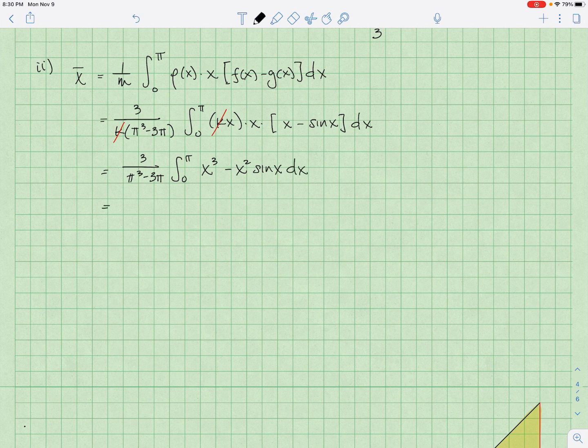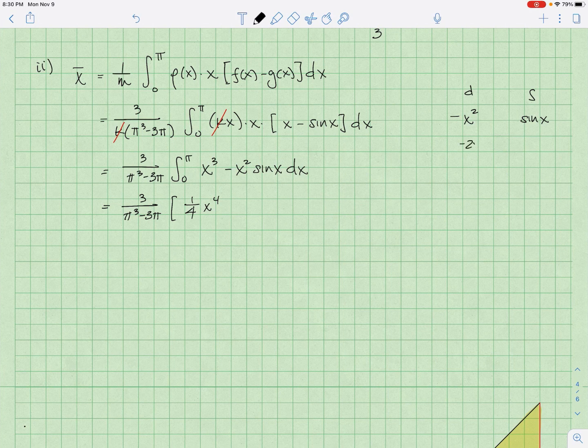So this is going to be 3 over pi cubed minus 3 pi times the antiderivative is 1/4 x to the 4th. And let's go ahead and do a quick tabular form here. I'll use negative x squared and sine x. We'll differentiate one column, we'll integrate one column. Aren't you glad you learned that tabular form?